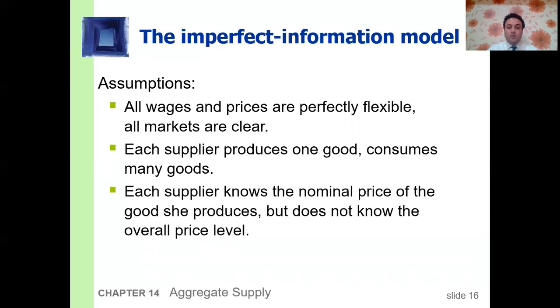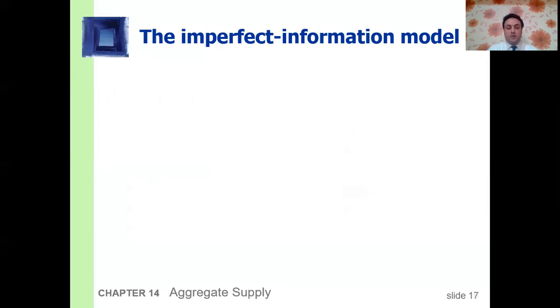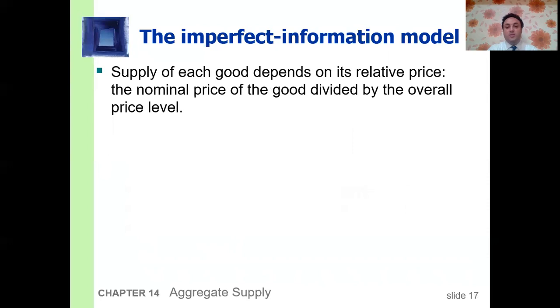Each supplier knows the nominal price of the good he or she will produce, but doesn't know the overall price level. These are the assumptions of our model. So supply of each good depends on its relative price: the nominal price of the good divided by the overall price level.